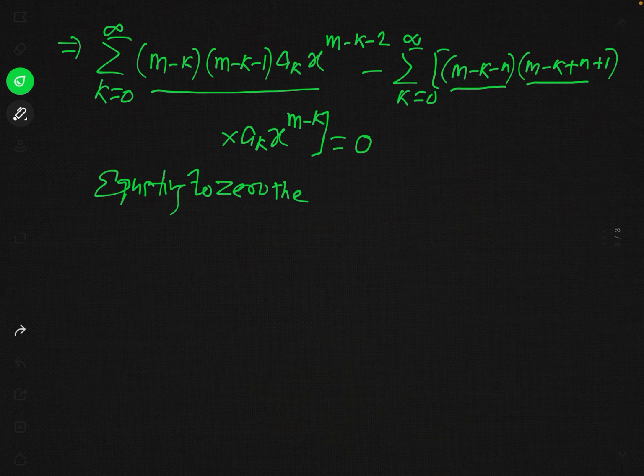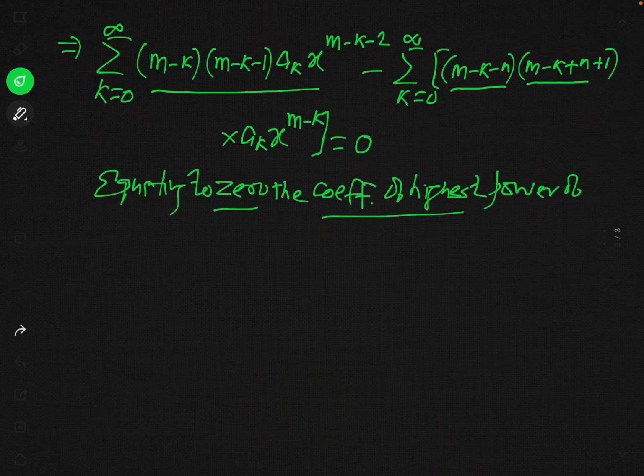So now, equating to 0 the coefficient of the highest power, not the lowest power, because our series is in descending power of x.